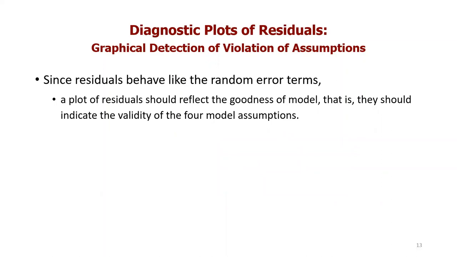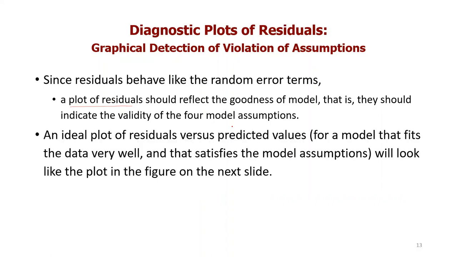So since they behave like the random error terms, the plot of the residuals should reflect the goodness of the model. In other words, they should reflect the validity of the 4 model assumptions.